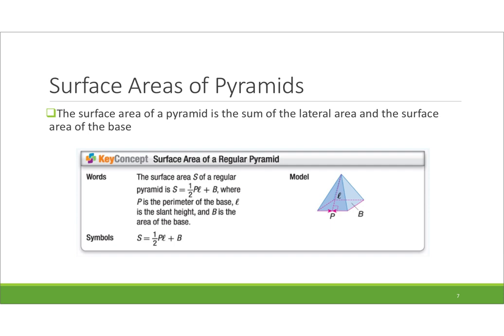And because there's only one base in a pyramid, we only have to add one number. So surface area, or total area as it's sometimes called, is the lateral area plus the area of the base. And again, you can use this equation. You can use B instead of A. These are just variables, whichever one makes the most sense to you. But make sure you stay consistent so you don't confuse yourself later.